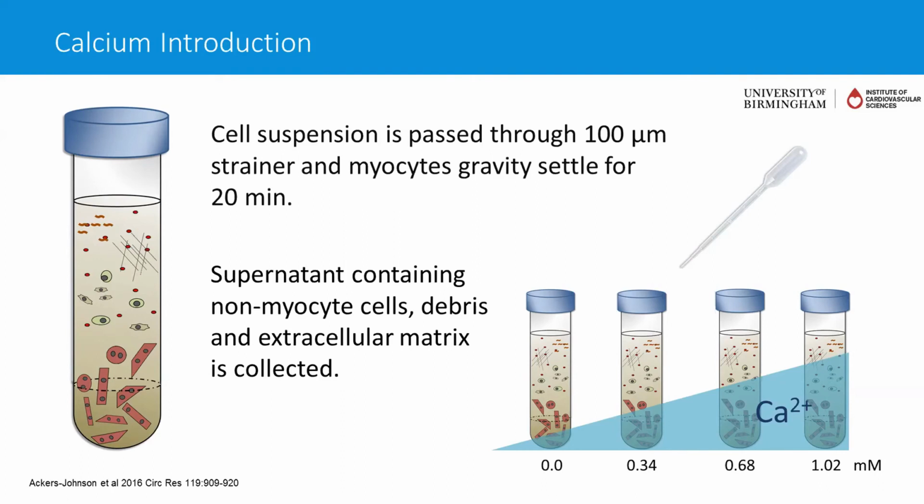So the yield may be lower, but the percentage of cardiomyocytes is higher. Yes, although I suspect to some extent you would select the larger cells, so you would get the larger cells settling first. That's true, you would skew your findings.